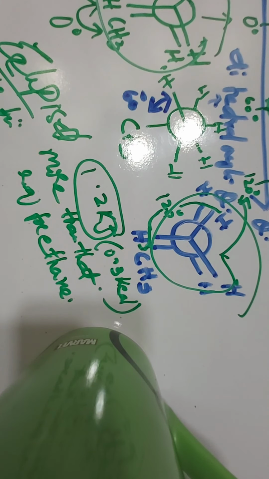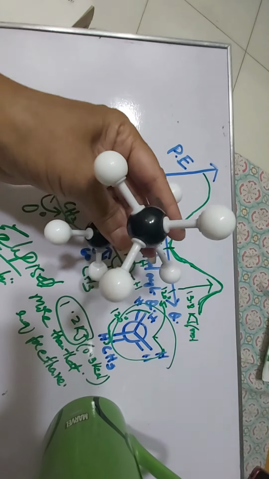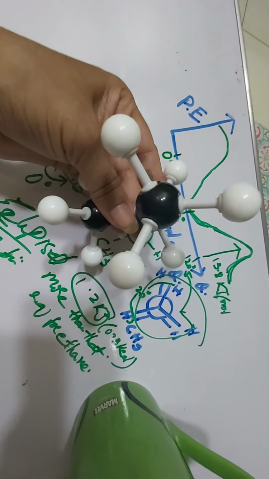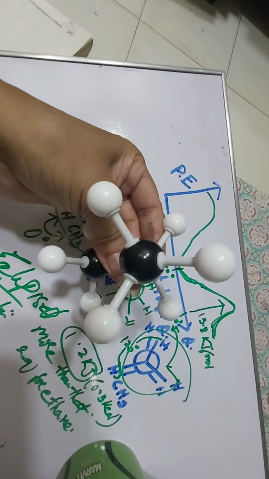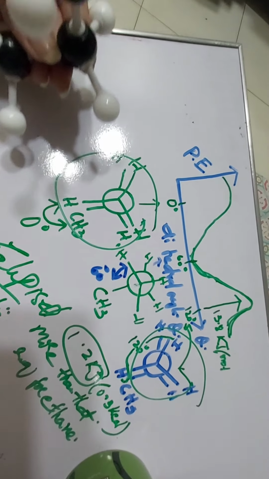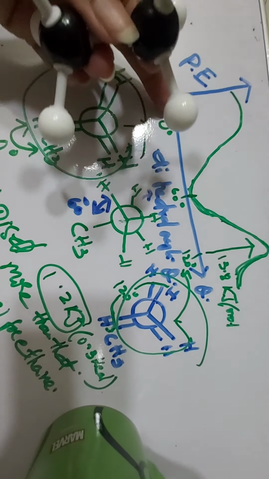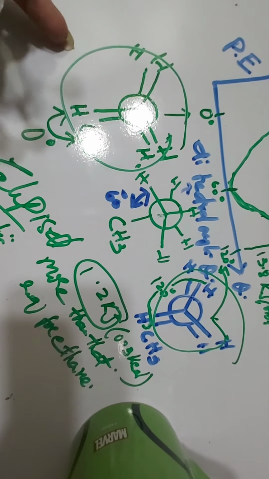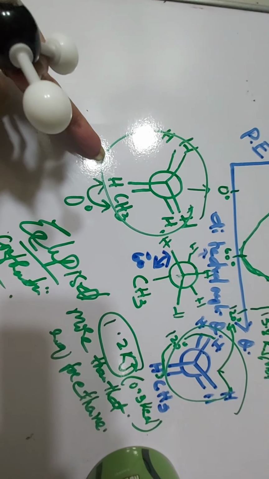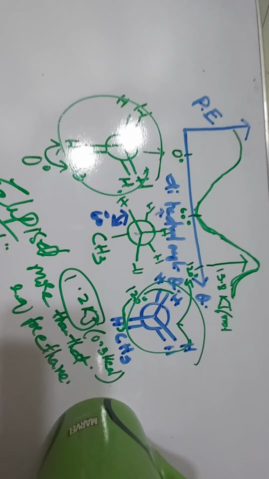So I hope you understood today's lecture: the conformation of the propane molecule, its structure and how it looks, the staggered form, its Newman projection formula, how it is shown here, and what happens when you plot a graph between potential energy and the dihedral angle theta increasing from 0 to 120 degrees, and what the changes are when rotation occurs between carbon-carbon, carbon-hydrogen and carbon-methyl bonds.